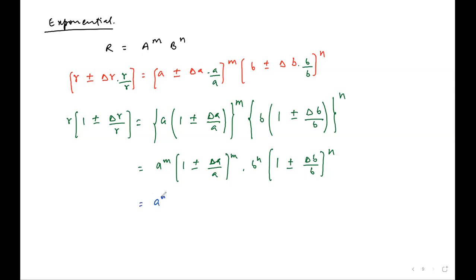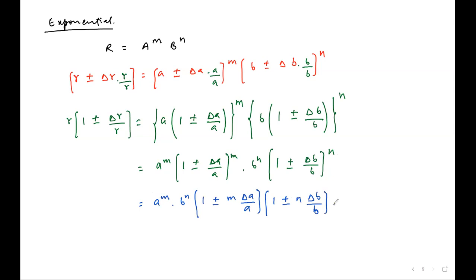So you will get A raised to M, B raised to N, (1 plus minus M times delta A by A), (1 plus minus N times delta B by B).